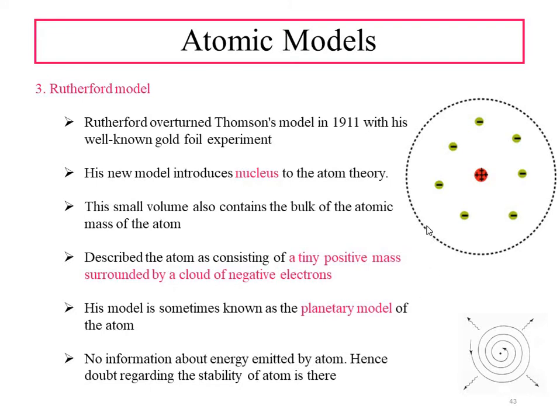What he proposed is the nucleus in atomic theory. There is a center nucleus, and the electrons are revolving around this nucleus. This small volume also contains the bulk of the atomic mass.